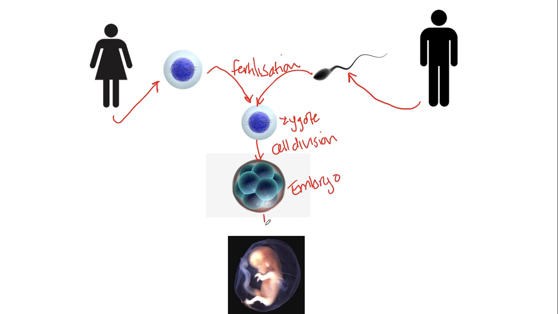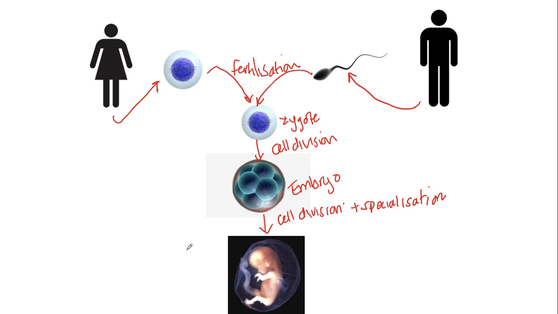The embryo implants in the uterus, and then cell division occurs again to make millions of cells, and they also specialise. So a general animal cell that you learnt about in the first topic in Year 7 specialises to form, say, a heart cell or a brain cell or a nerve cell.